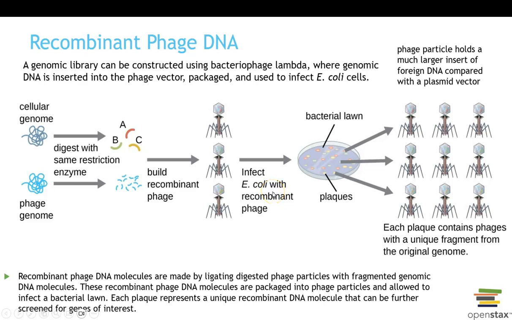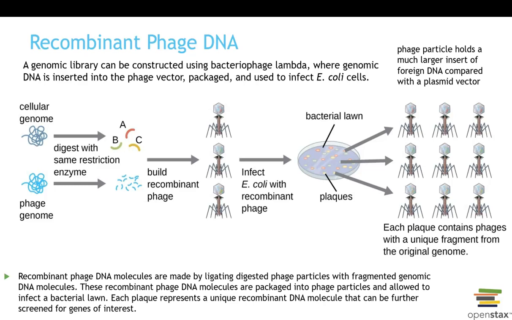So also we can make recombinant phage DNA. If you remember, bacteriophages are the viruses that can infect bacteria. So they can use the phage particles in order to make recombinant DNA.